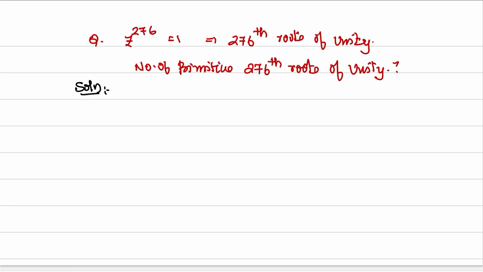Now, let us take a simple example and try. When you take a small example instead of 276, you will understand very easily. Let us take an example, z to the power of 4 is equal to 1.